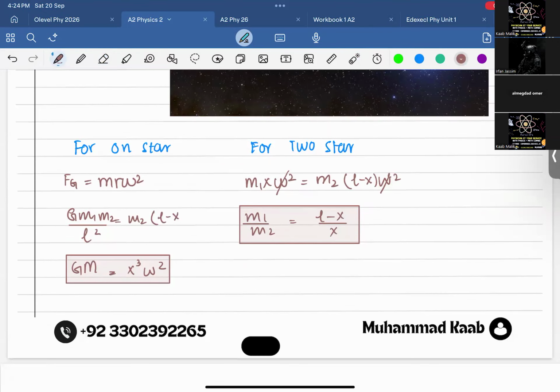L minus X and then omega squared, right? And then the M and M2 go off. You'll be left with M1 over L squared and then L minus X squared, okay?